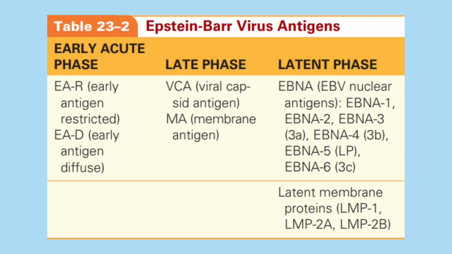Then yung antigens naman na nag-a-appear sa latent phase include the EBV nuclear antigen or the EBNA proteins, EBNA1, EBNA2, EBNA3 or yung 3A, EBNA4 or yung 3B, EBNA5 or yung LP, and EBNA6 or yung 3C. And yung latent membrane proteins include the LMP1, LMP2A, and LMP2B.